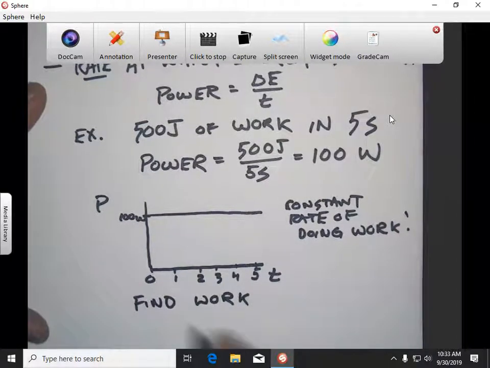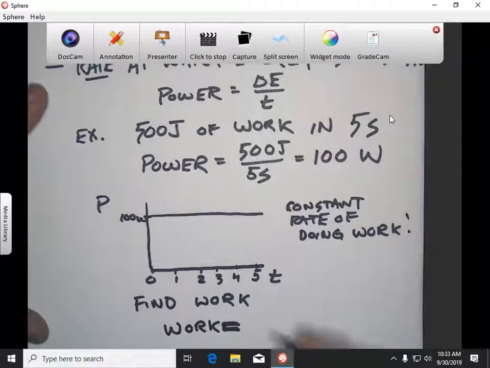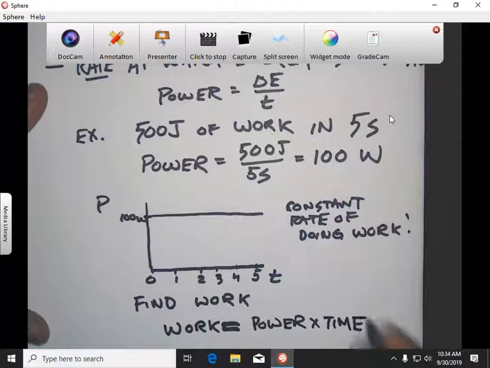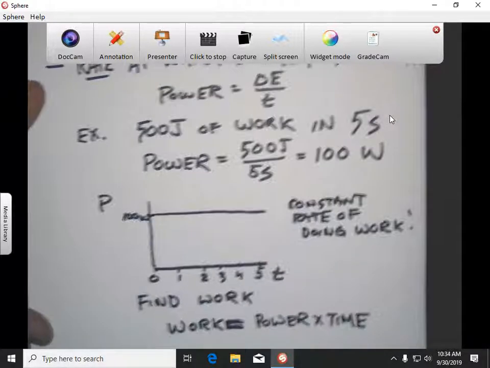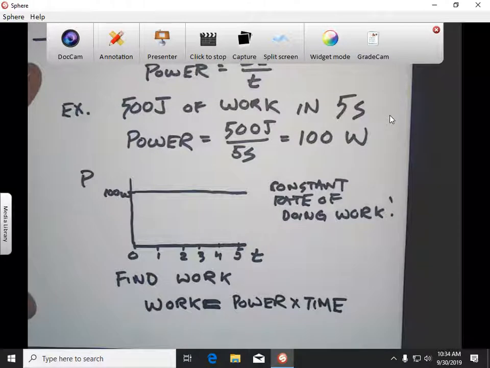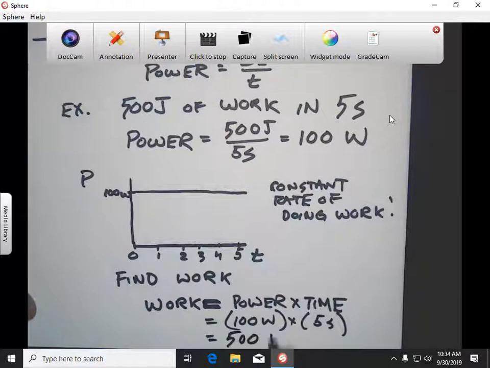Algebraically, if you take the formula, work must be equal to power multiplied by time. So just rearranging the formula gives us this. In this particular case, you would have 100 watts times 5 seconds, and of course that's 500 joules.